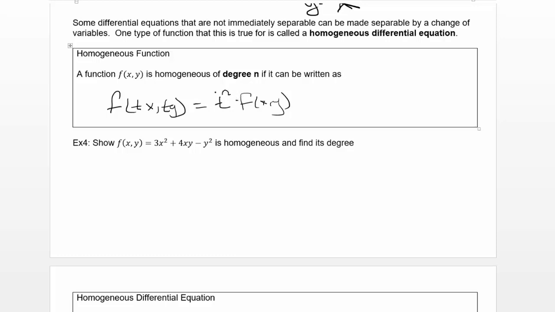homogeneous function. So as an example, the test for if this is homogeneous, here's a function of x and y: 3x squared plus 4xy minus y squared.